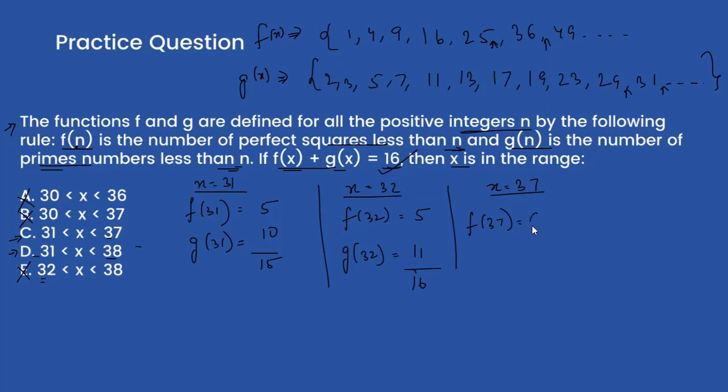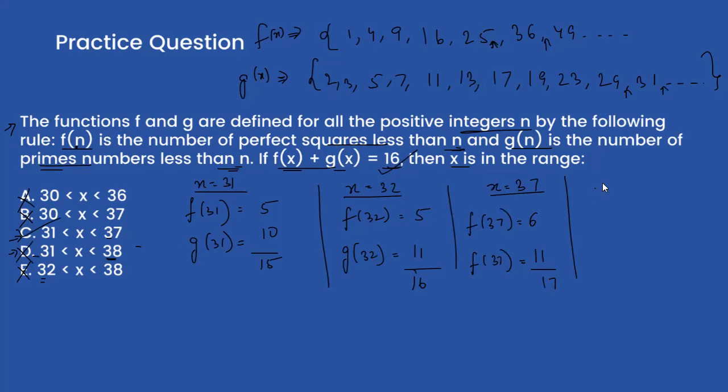So 6 will be there, and g(37) will now have 31 also. 31 also will be taken, and there are 11, so it comes out to be 17. Hence 37 does not satisfy this condition. Hence you can just say that option D goes away, and you are left with option C, which satisfies the given condition very well.